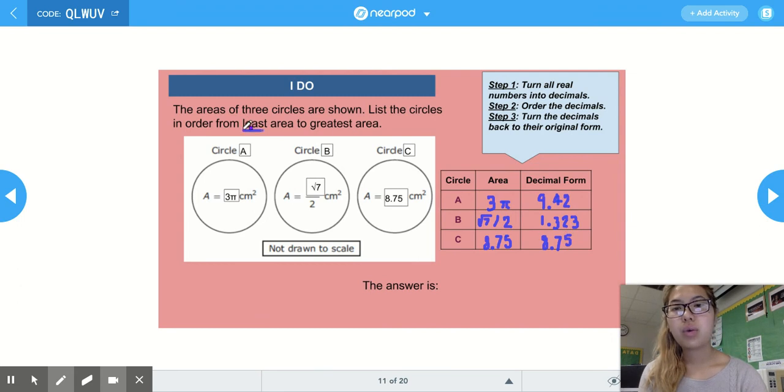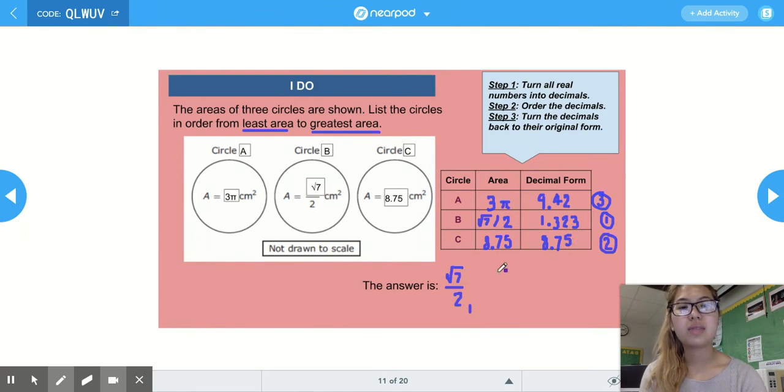So now we're ordering it from least to greatest. The smallest number is going to be this 1.323. Then it's the 8.75. And finally, it's the 9.42. So now we're on to step 3, which is turning the decimals back to their original form. So 1.323 was originally square root of 7 over 2.